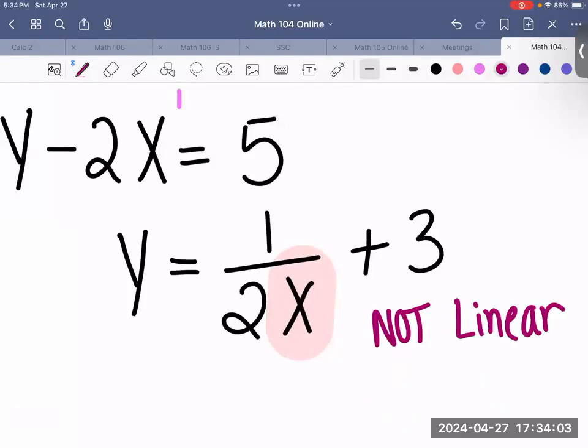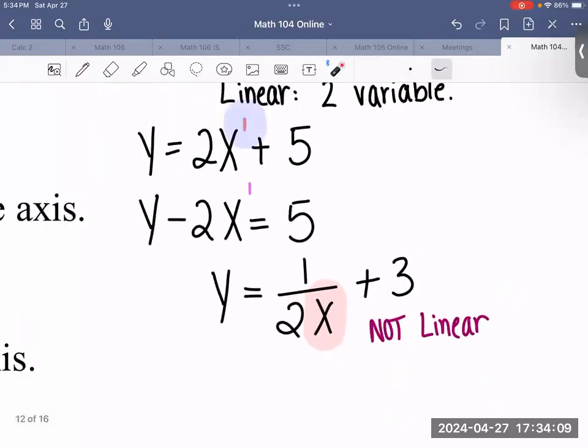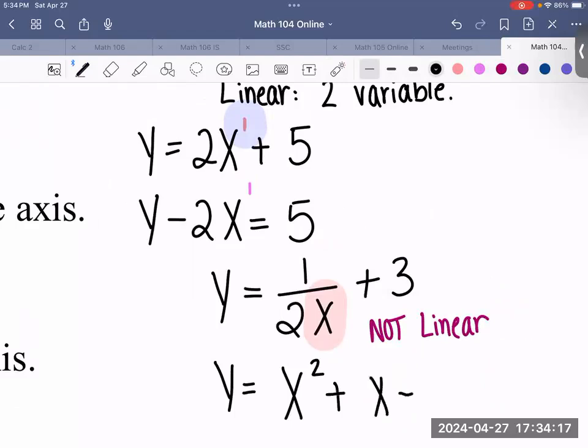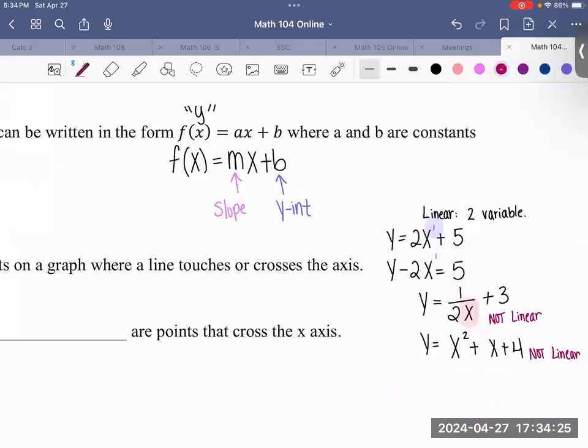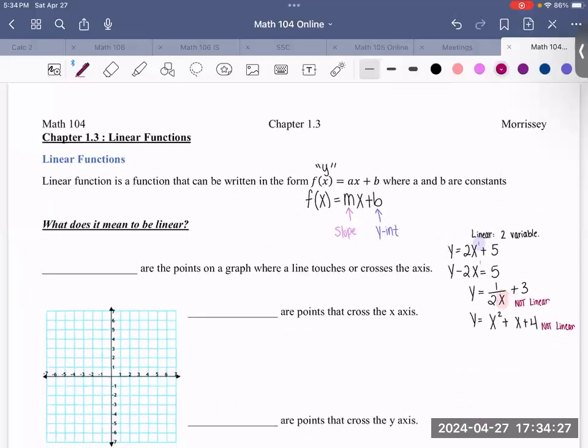It can still be multiplied to a fraction, but yours cannot be in the denominator, just like it cannot have any degree other than 1. So x squared plus x plus 4 would not be considered linear. All right, so that's what it means to be linear for right now.